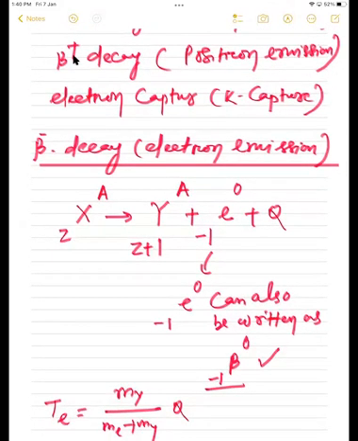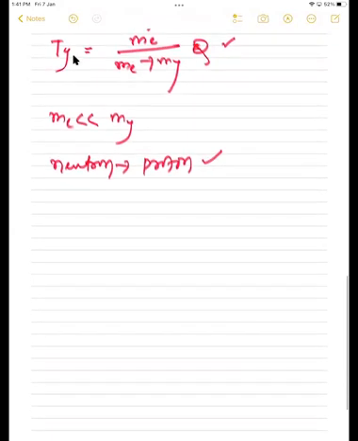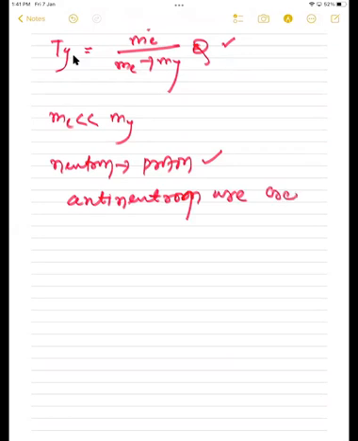This is the beta decay, electron emission. As I told, students, when a neutron is converted into a proton, an electron and a new particle named anti-neutrino are created and emitted from the nucleus.